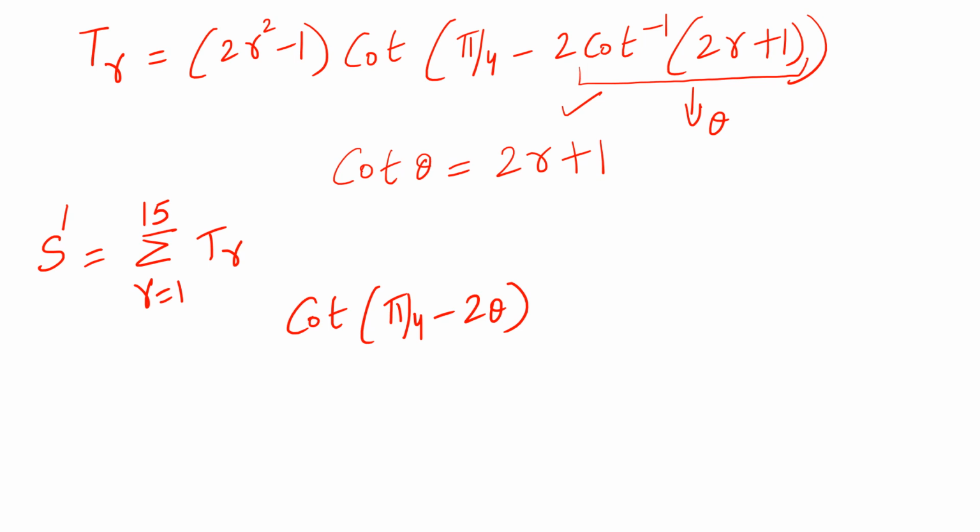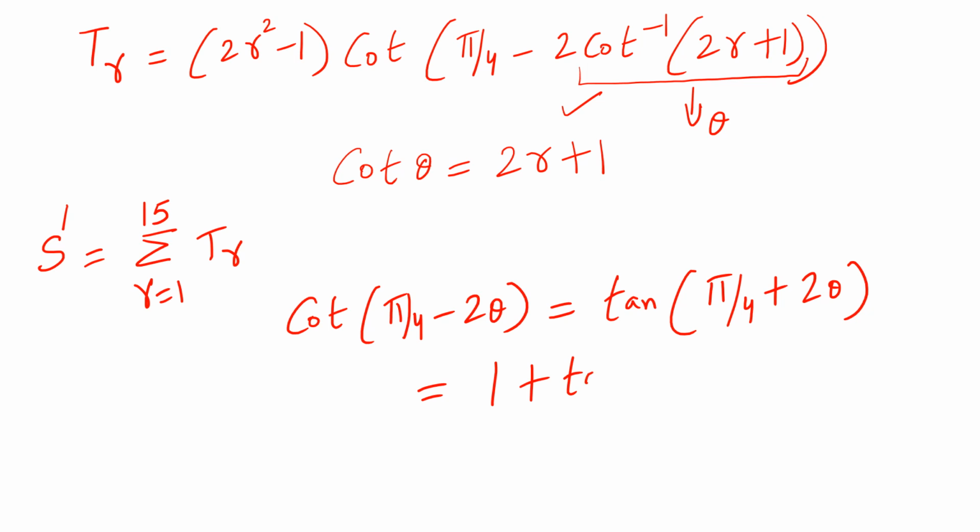So I'm just simplifying it. Now we know that cot theta is equal to tan (90 minus theta). So this further becomes equal to tan of (pi by 4 plus 2 theta). Just apply the formula of tan (A plus B). It becomes (1 plus tan 2 theta) divided upon (1 minus tan 2 theta).